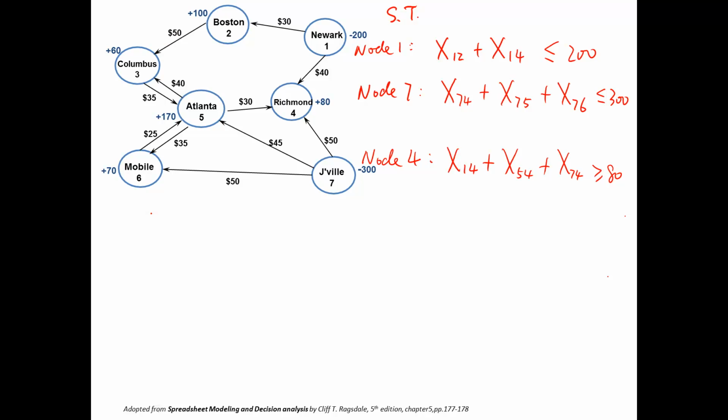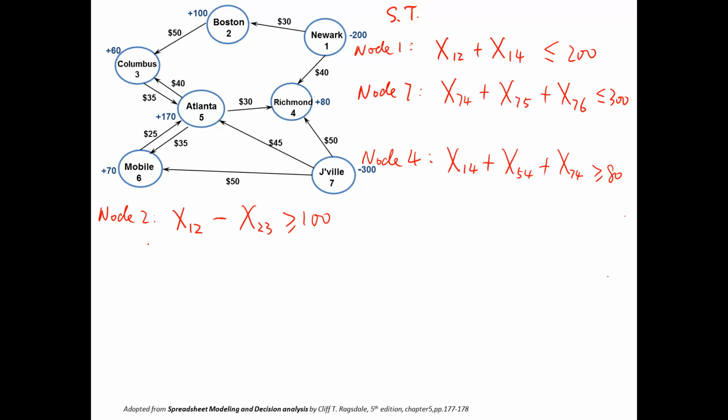Okay, so node 2. That means at least 100 cars need to stay here. Okay, so x12, what goes in, minus x23, what goes out, needs to be greater than or equal to 100.